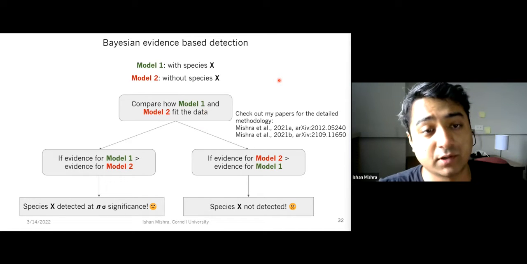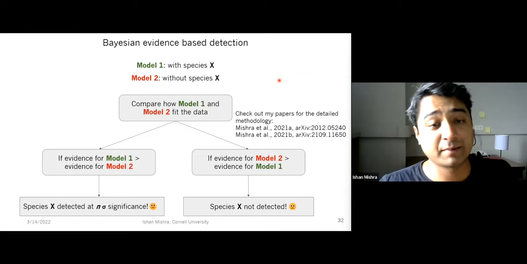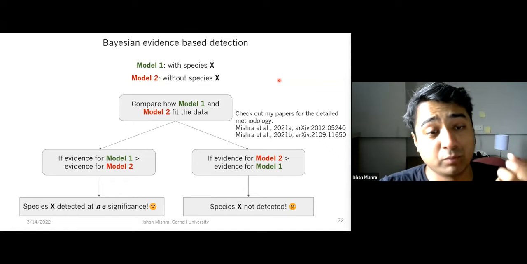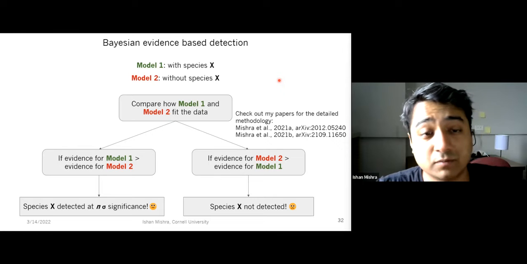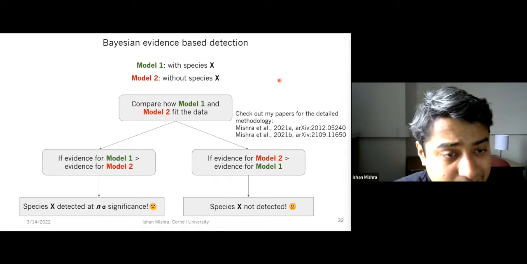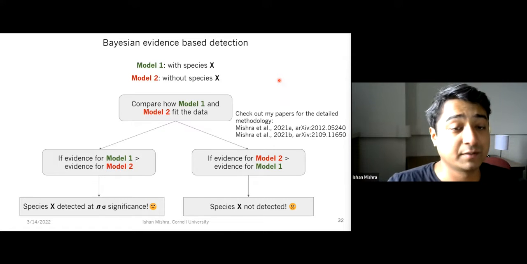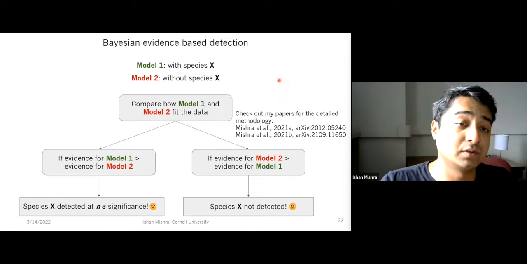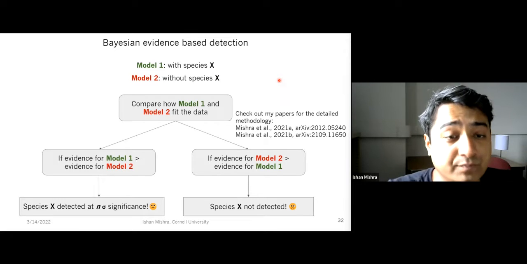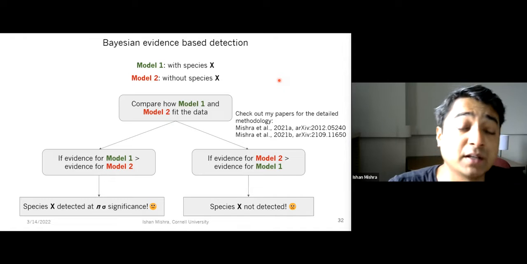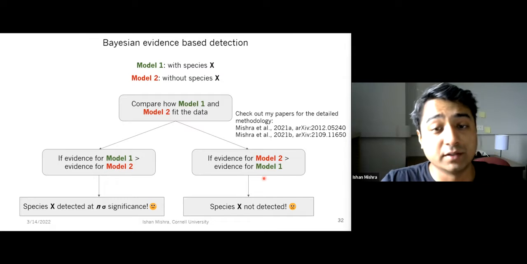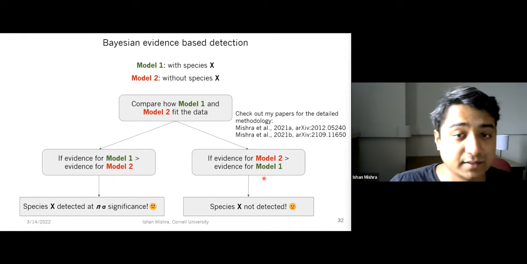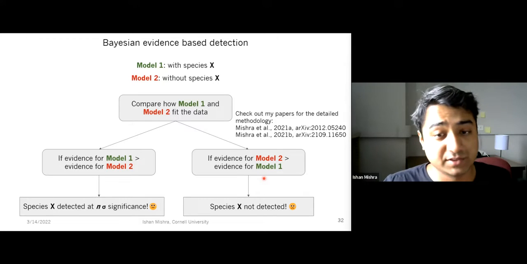And if the evidence for model one, the probability metric that I had shown a few slides ago, is higher for model one as compared to model two, then you would say that species X has been detected at some sigma significance. That detection significance depends on the difference between the evidence for the two models. And if model 2 is greater than model 1, that is to say the model without the species of interest does a better job in fitting the data, then you would conclude that species X is not detected.